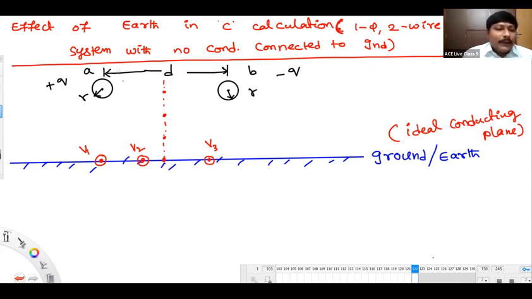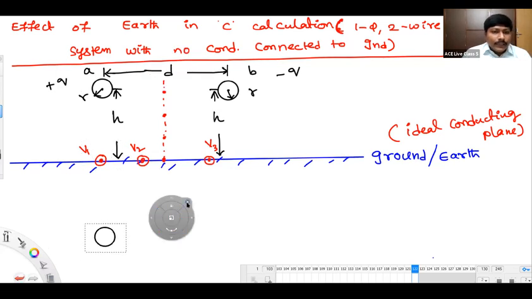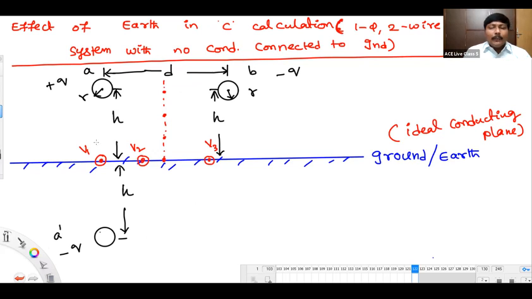So for example, if this conductor A is at a height of h from the ground, let me assume B is also at the same height from the ground. I am keeping some charge below the ground here at a depth of h. I'll call this charge A dash, but it is negative of the above one.